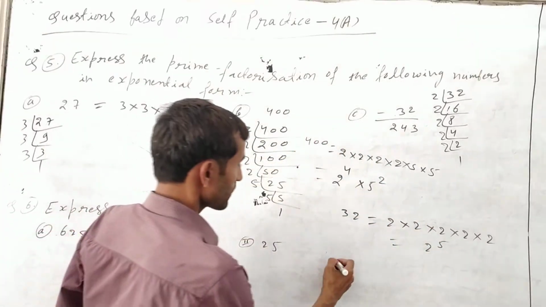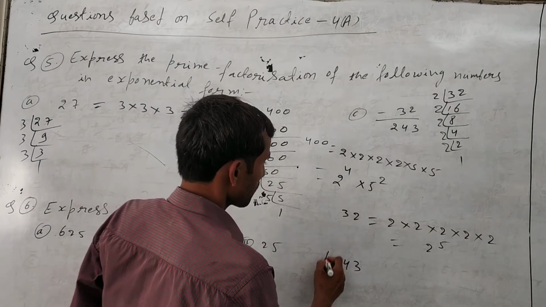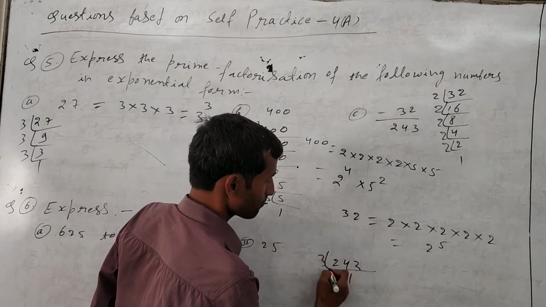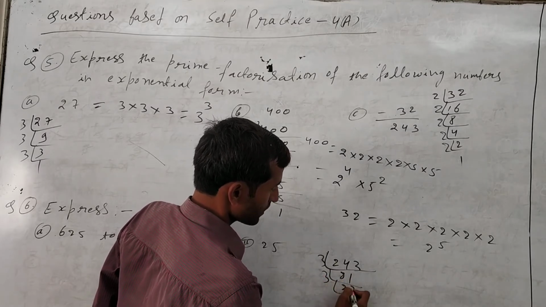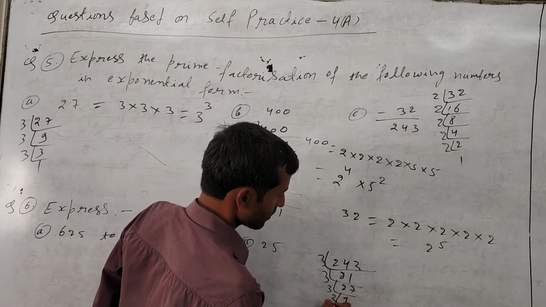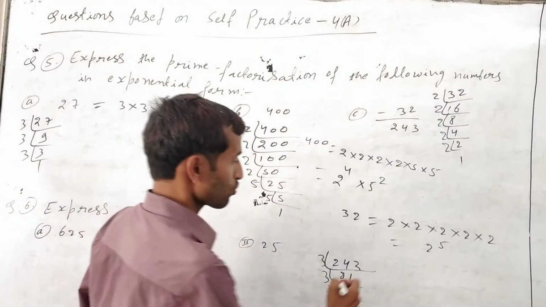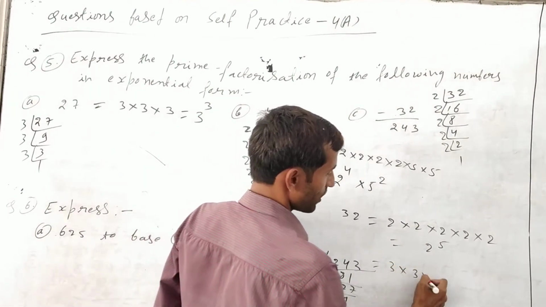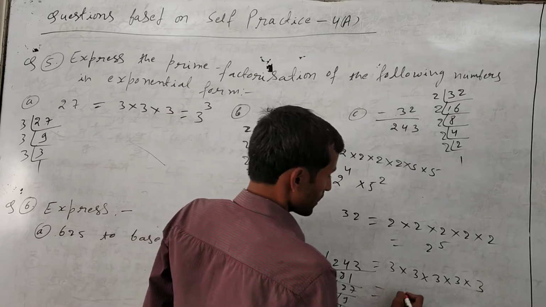Now 243 is there. We have to factorize 243. We divide by 3 each time. 81 will come, then 27, then 9, then 3, then 1. Again here 5 times came. So 243 is 3 into 3 into 3, 5 times. We write power 3 power 5.